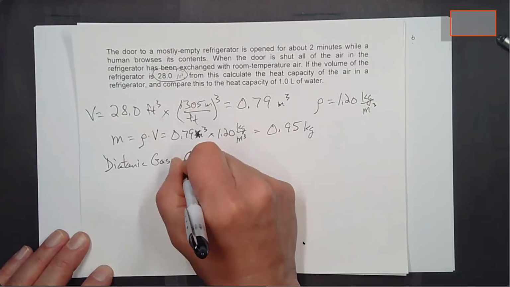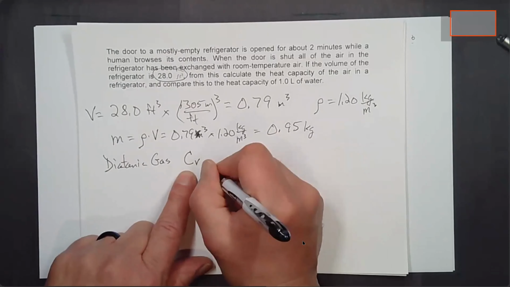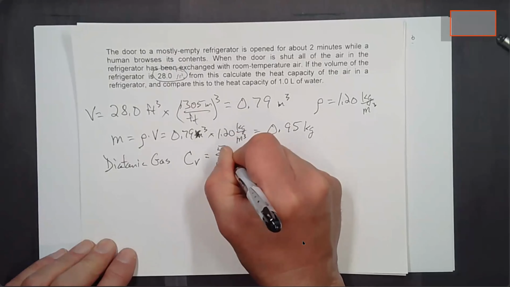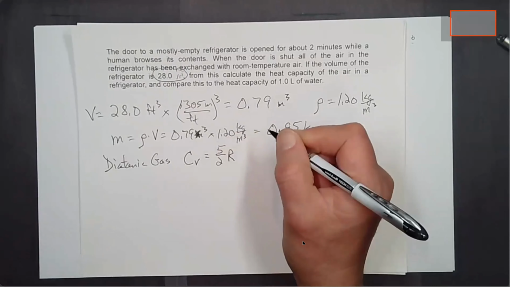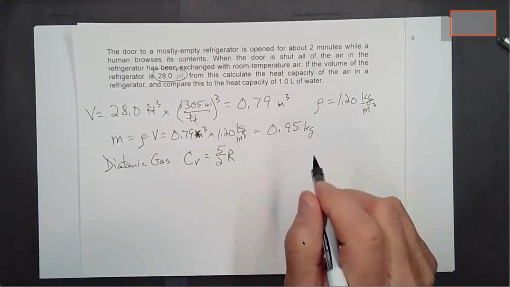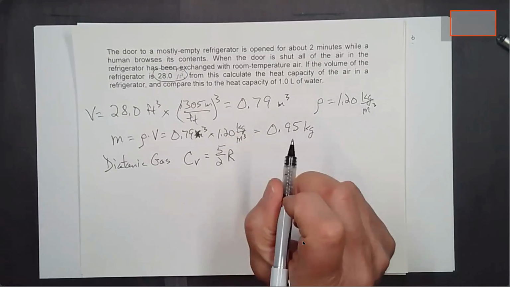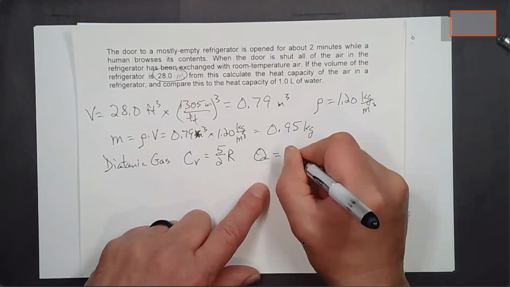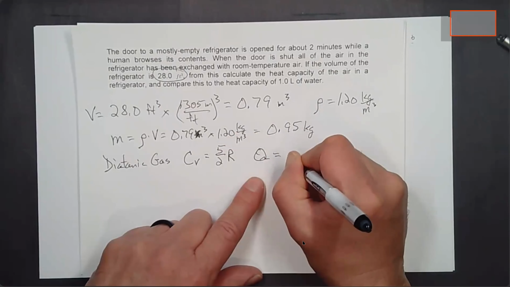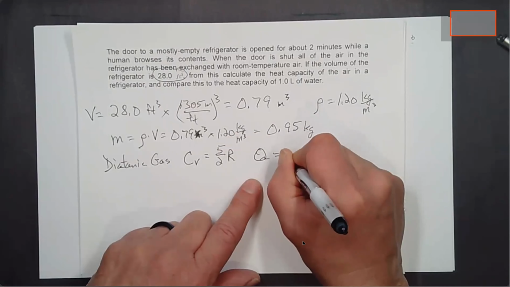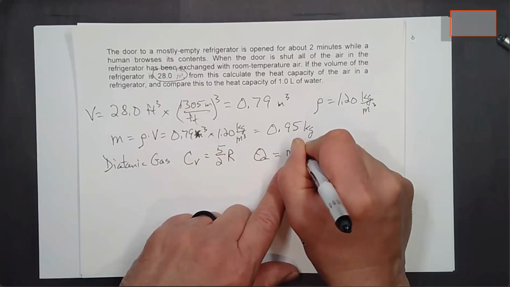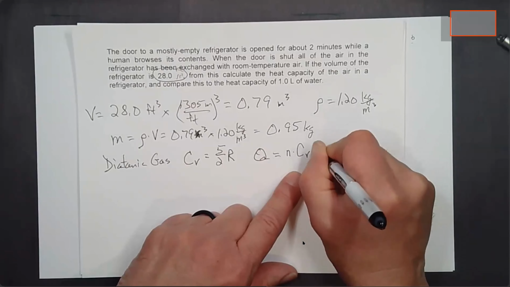The C sub V, the constant volume heat capacity, is 5 halves R. And the amount of heat needed to increase the temperature of something, Q, would end up equaling, in this case, the number of moles times the molar heat capacity times the temperature difference.